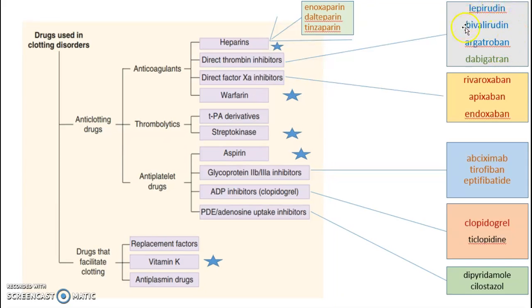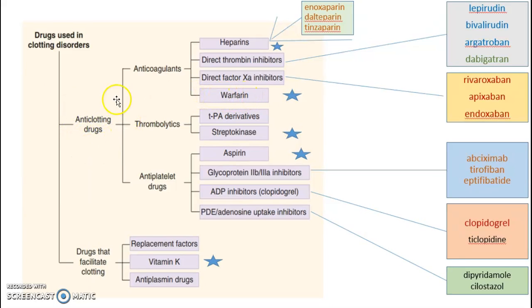These are parenteral drugs. And we have an oral direct thrombin inhibitor, which is dabigatran. And then we have the factor Xa inhibitors, such as rivaroxaban, apixaban, and edoxaban. And then we have warfarin on its own. Heparins, you have three types, and warfarin is just on its own.